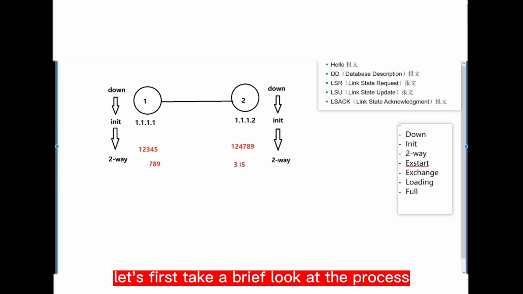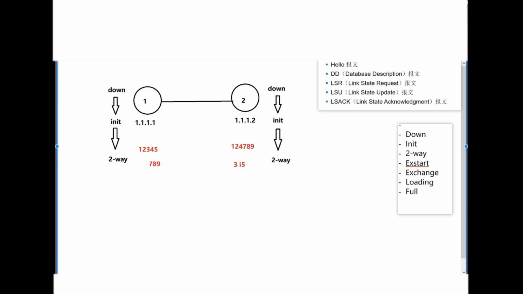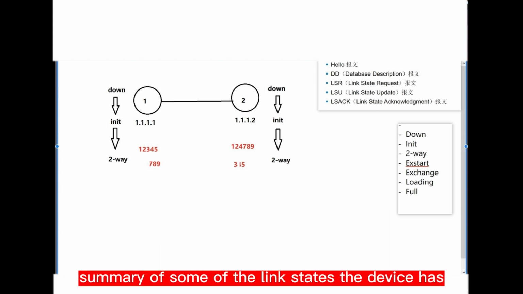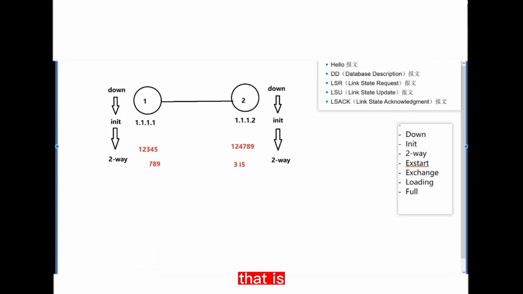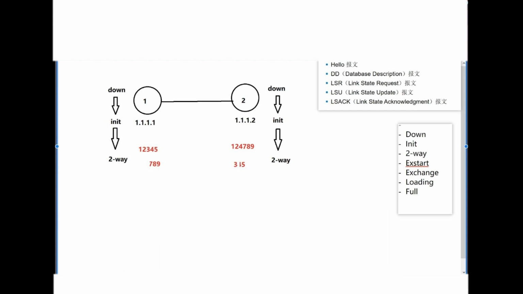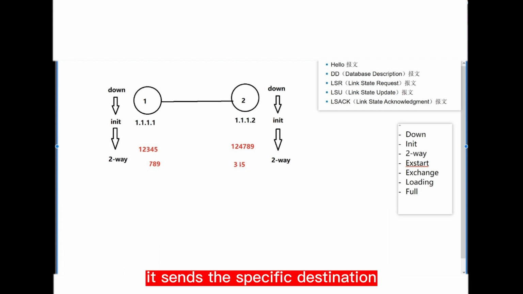Let's first take a brief look at the process. Now, 12345 and 124789 are like a menu. This is a summary of some of the link states the device has. That is, R1 now tells R2 it has such messages. But R1 only sends a directory to R2, which is equivalent to sending the specific destination network segments to R2.